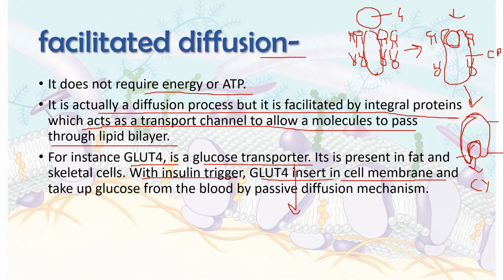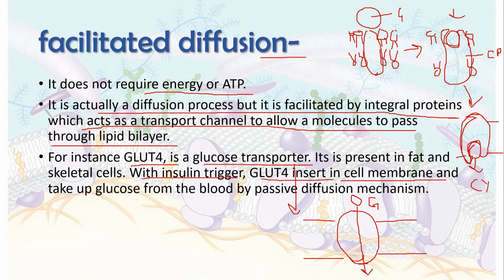So this is our glucose transporter. It gets inserted in the cell membrane of fat cells and skeletal cells. Now what does it do? It basically takes up the glucose molecules present in the blood to the inside of the cell.